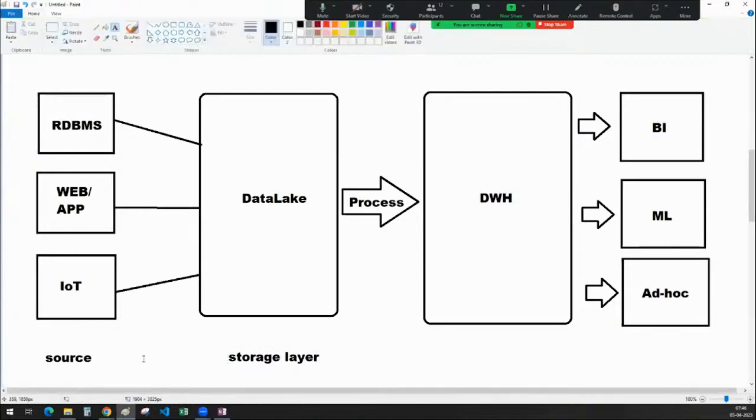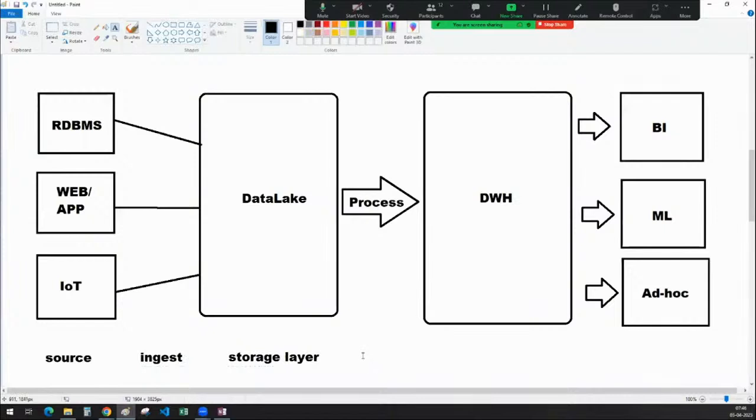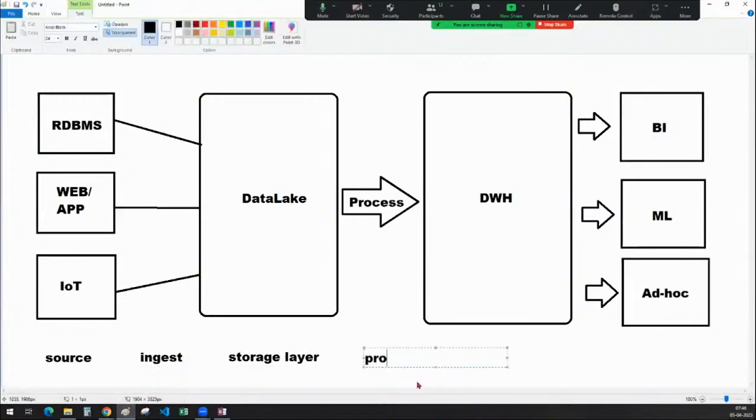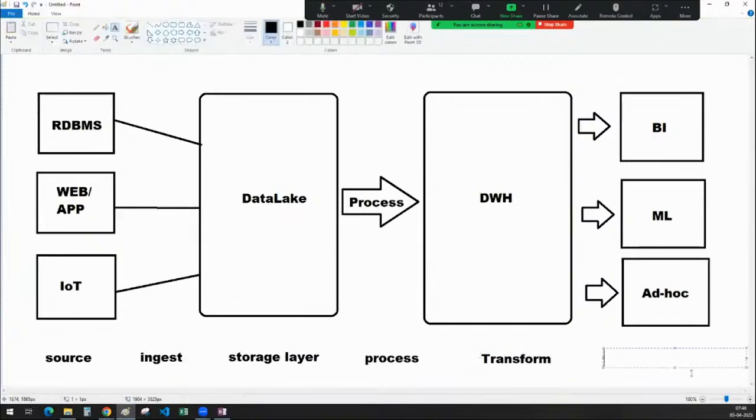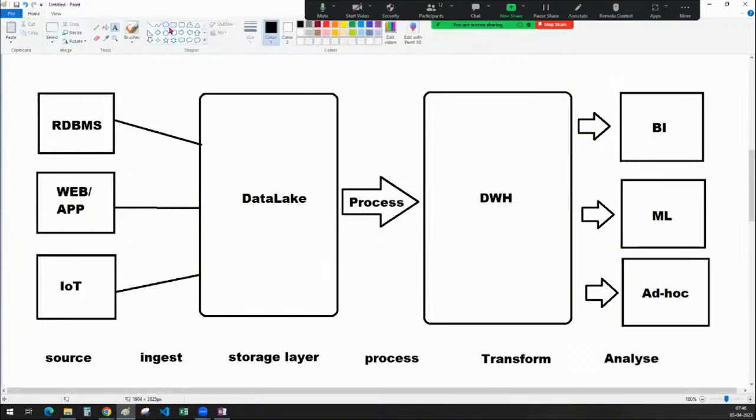Here we are doing ingestion, collecting the data, and then processing. In the data warehouse, we are trying to transform and finally analyze the data.